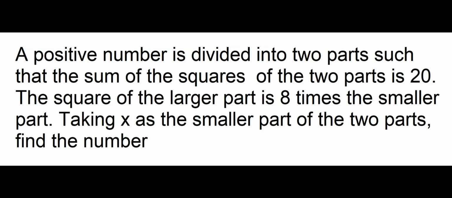Here, you are given a positive number and that is divided into two parts. What they have informed you is the sum of the squares of the two parts is 20. That is one information that you have. Let x be the smaller part and y be the larger part.